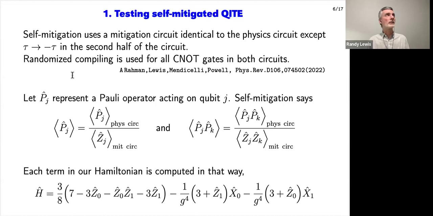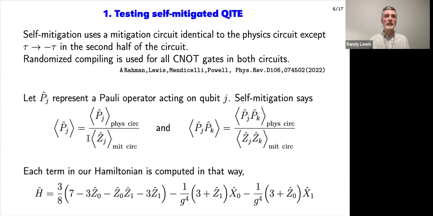And so by running the quantum computer and comparing what it actually gives to the known correct answers, we've learned something about the errors that are happening in the quantum computer. And then those can be used to rescale the physics circuit because it's essentially the same circuit except for the minus sign. There is randomized compiling that happens for all the C0 gates because you want your noise to be as incoherent as you can make it, and that's part of the process.